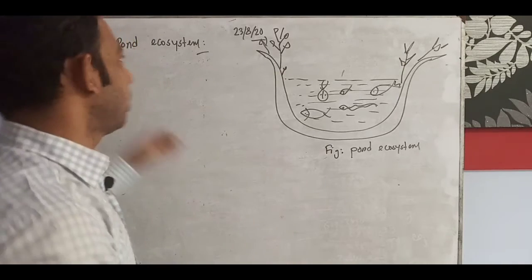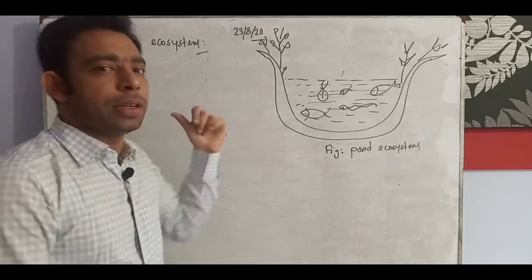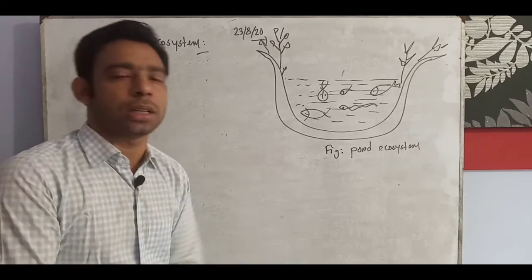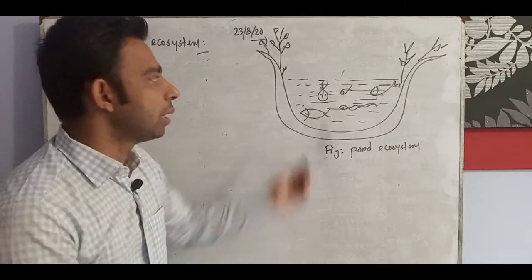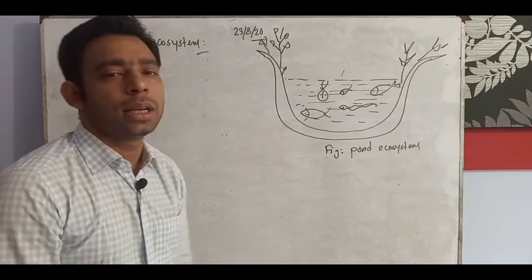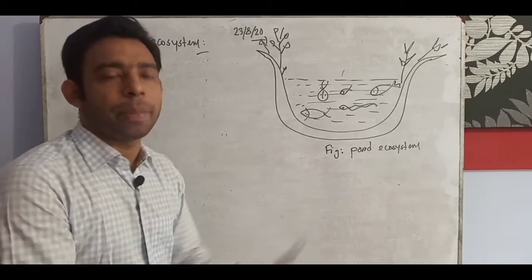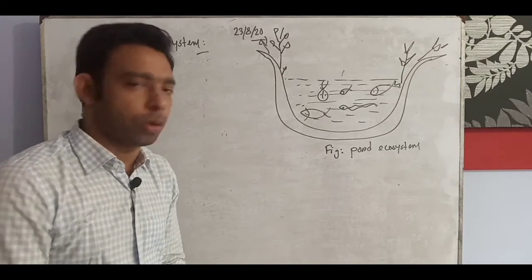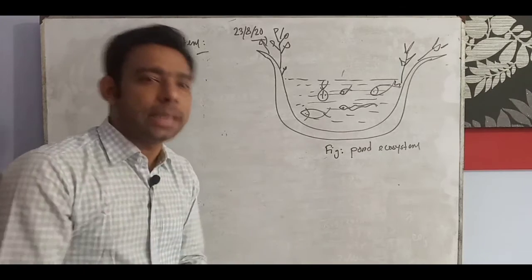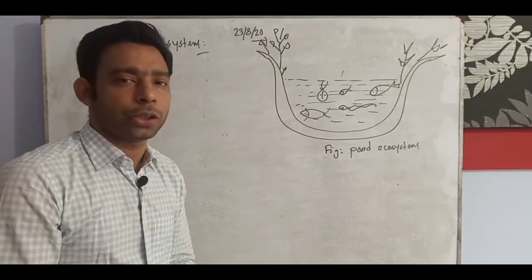So first we write the definition. If it is the pond ecosystem, mention the distinct place: the interaction between living things and non-living things in that pond, making an ecosystem, is called the pond ecosystem. In this way you can easily give the definition.